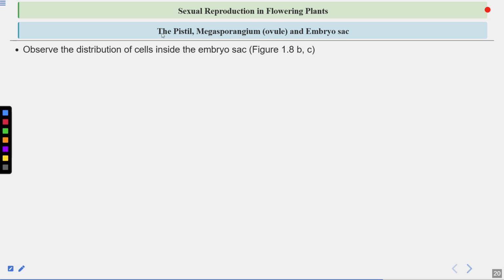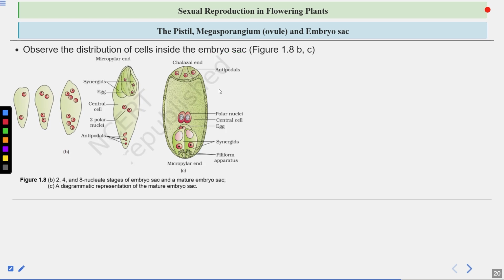So observe the distribution of the cells inside the embryo sac. At the chalazal end, you have the 3 antipodal cells.